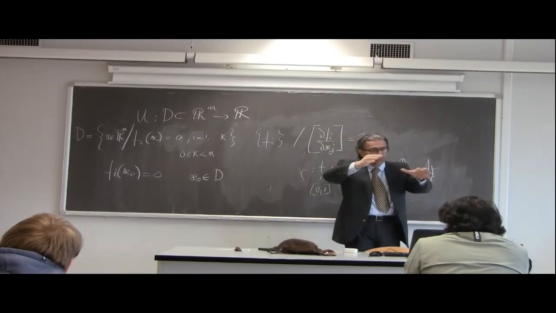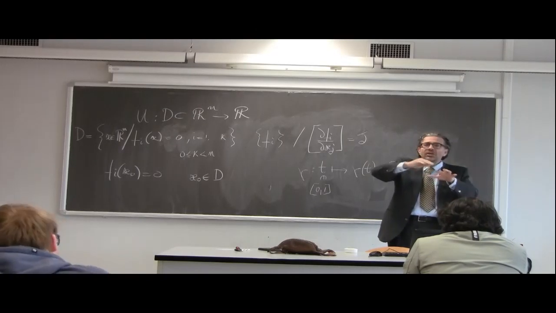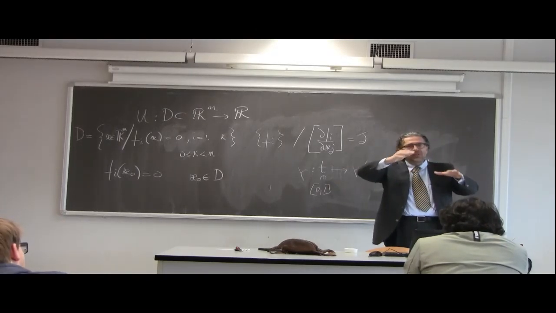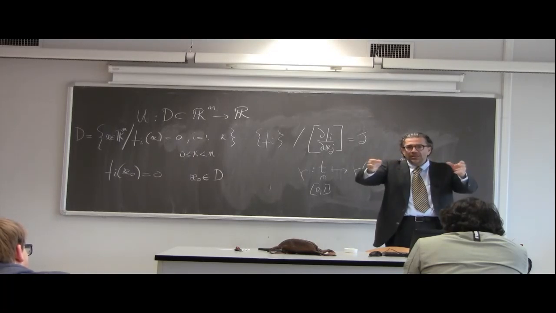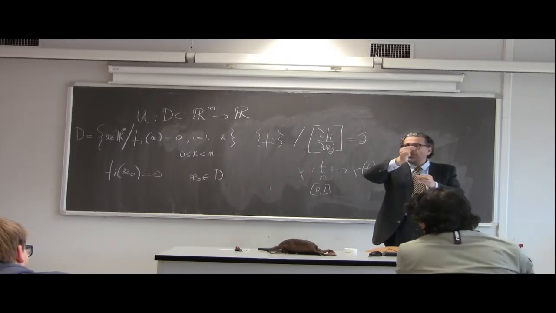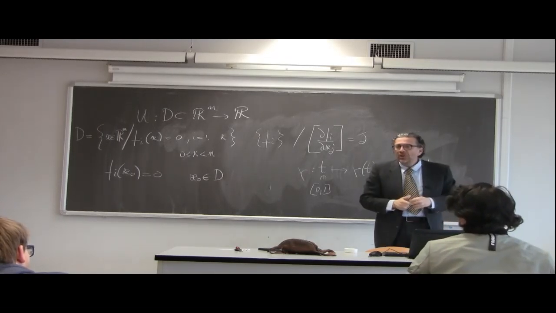So imagine, of course we can only imagine surfaces in R3, a surface in R3, a sphere, and imagine a point on the sphere, and imagine a curve which is passing through this point.